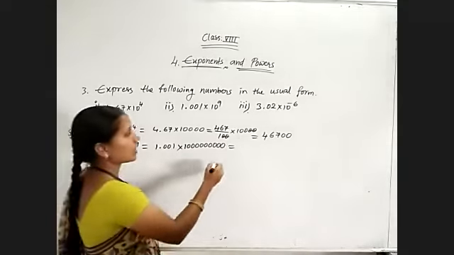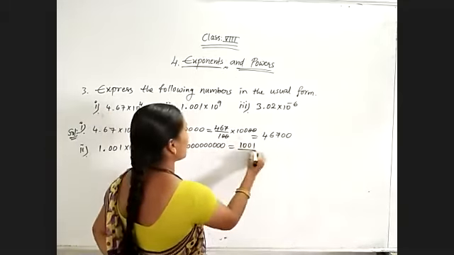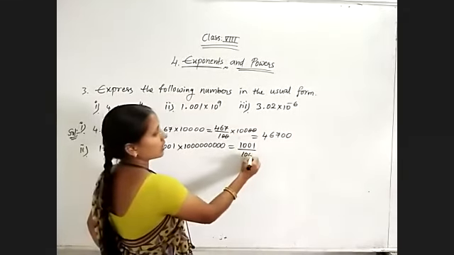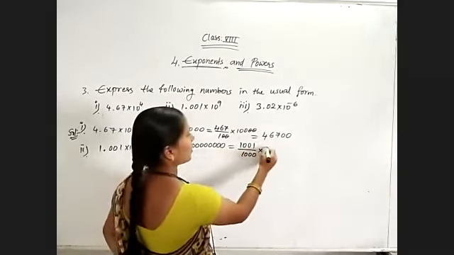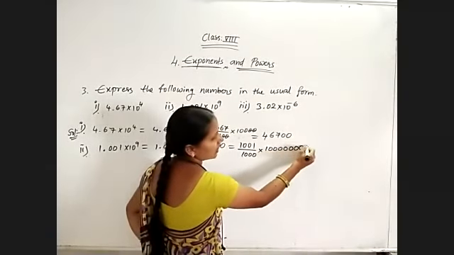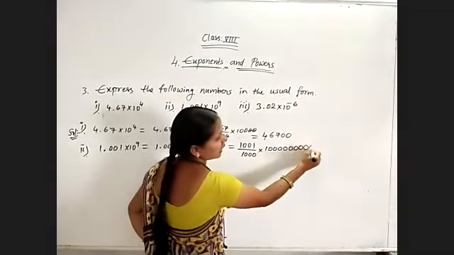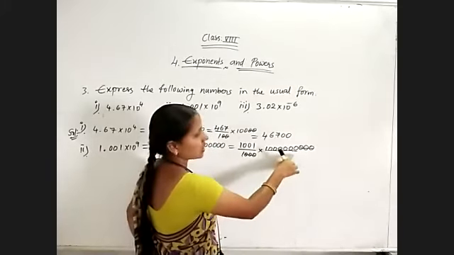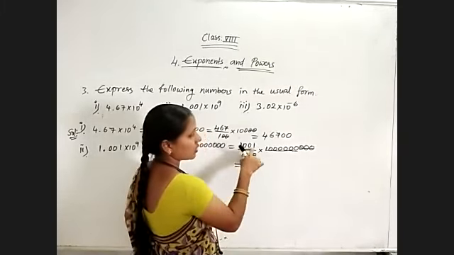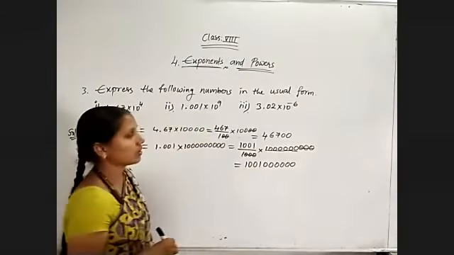In fraction form, 1001 by 1000 into 10 power 9, 3 zeros will get cancelled. 6 zeros are left. So it is equal to 1001 and 6 zeros. We must multiply 1, 2, 3, 4, 5, 6. 10 lakhs.